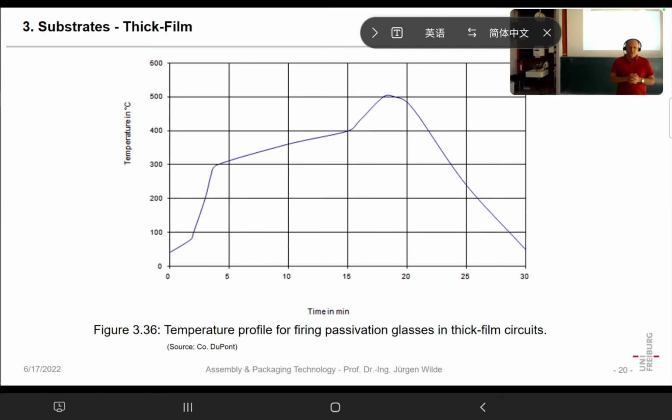Of course, such a profile is based on a certain strategy, which is based on the knowledge of how the materials are expected to behave. Yes, so organics have to be fired out and so on, not too fast cooling to avoid cracks. But all of this is more or less empiric investigation.